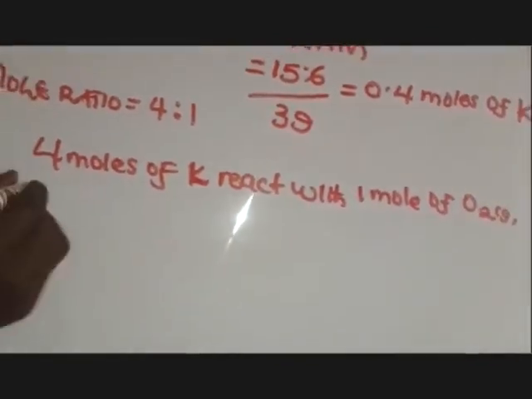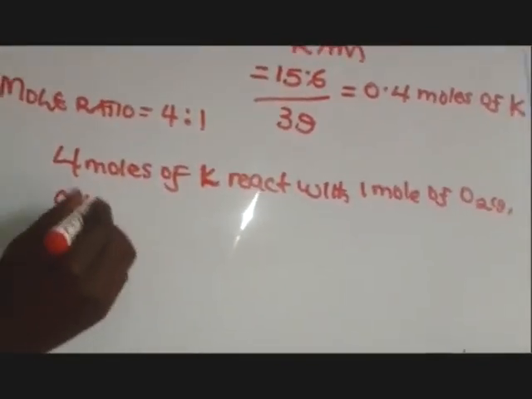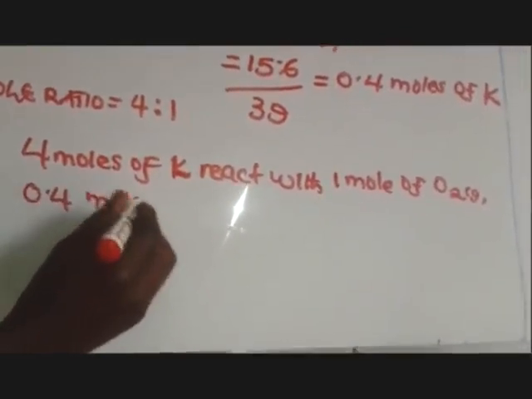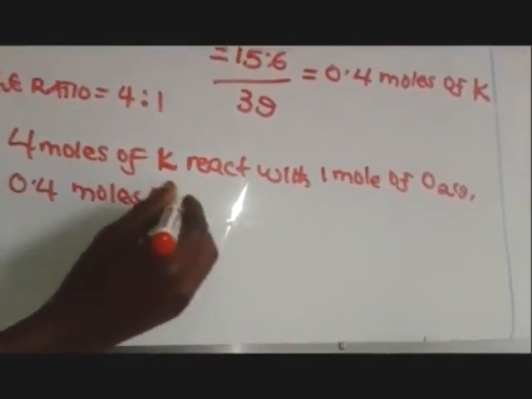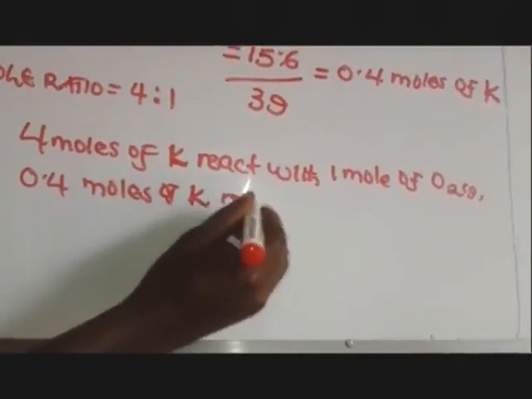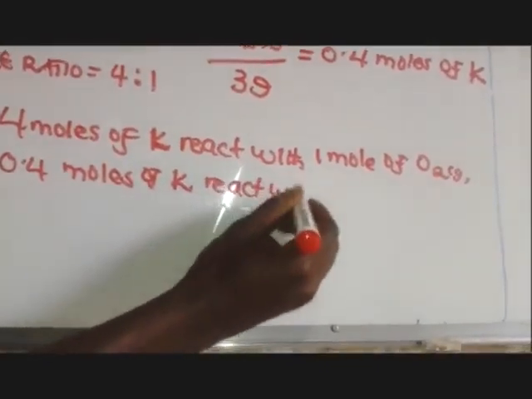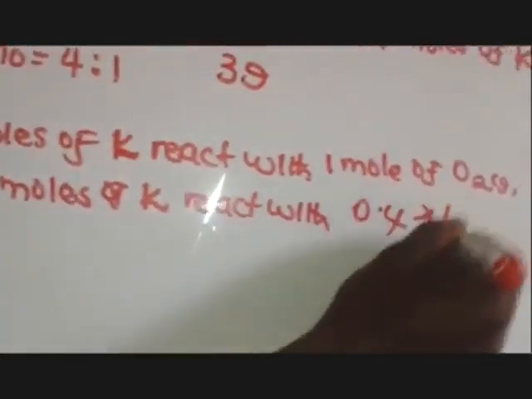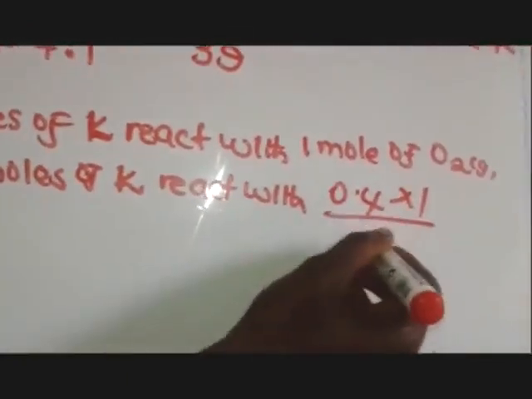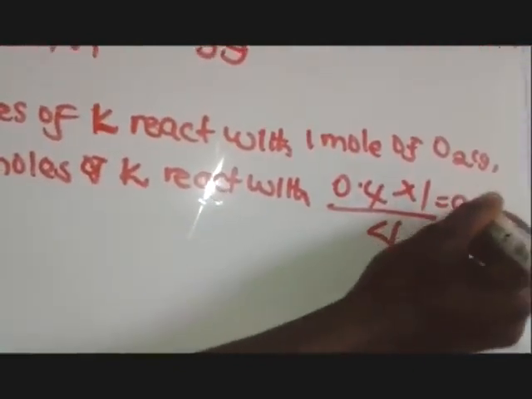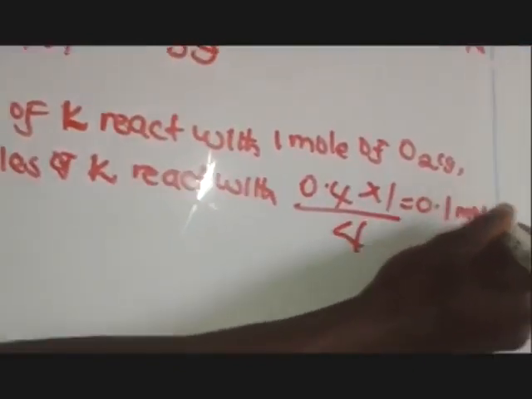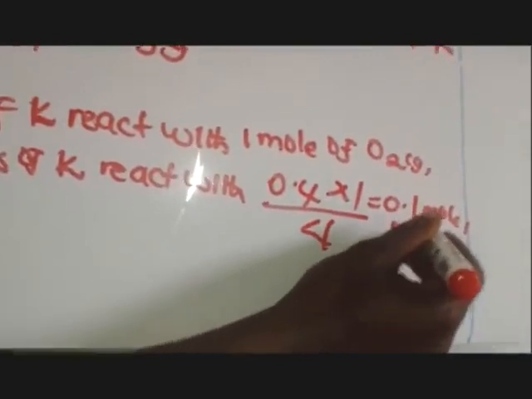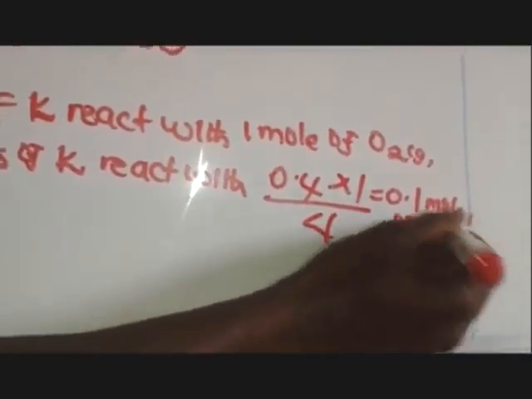Now what about the other moles which you have got? The 0.4 moles of potassium react with, we are going to cross multiply the 0.4 times the 1, divided by the 4. And now we shall get our value as 0.1 moles of oxygen.